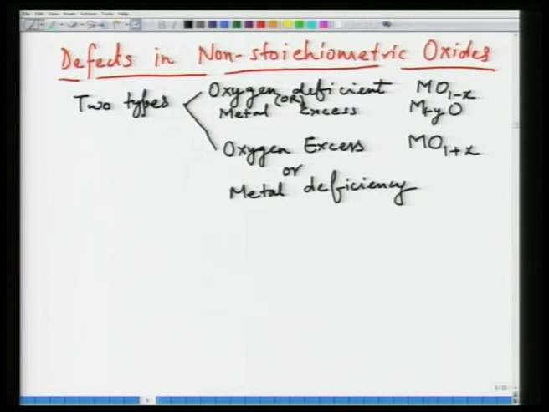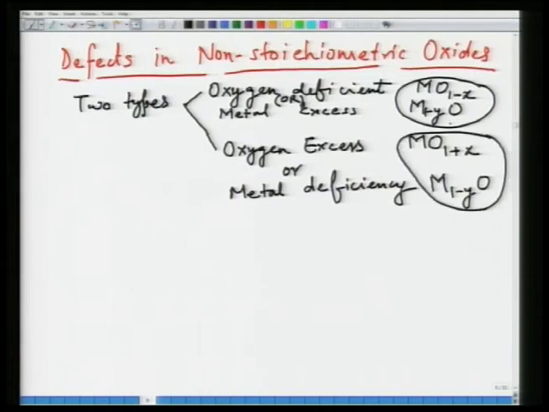I mean, the choice of X, Y, Z or delta will depend upon you, and it would be M1 minus YO. So, this is one category and this is another category.